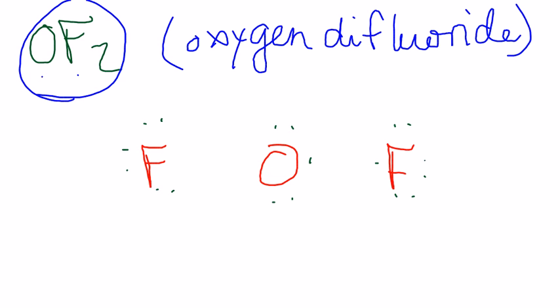Remember, we want to take 1 electron off of each of the substances that are going to be bonded, and those 2 electrons are going to become a bond. Remember that bond counts for both the fluorine and the oxygen. So the fluorine now has 2, 4, 6, 8 valence electrons, and the oxygen has 2, 4, 6, 7 valence electrons. So the fluorine is done.